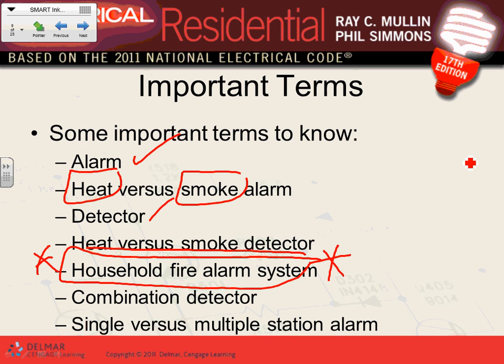A combination detector goes with what we're going to be doing for this project, and single versus multiple station alarm. I want you to focus, at least for this project, on these two. We're going to have a combo detector that can detect and alarm for this dwelling, done. We're not going to have a full fire alarm system with a fire alarm panel, controller, and so forth. We're going to do that one next project. Can I have thumbs up, Chad? Okay, so that makes it a little bit easier.